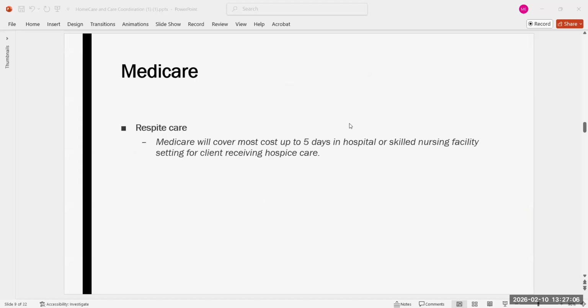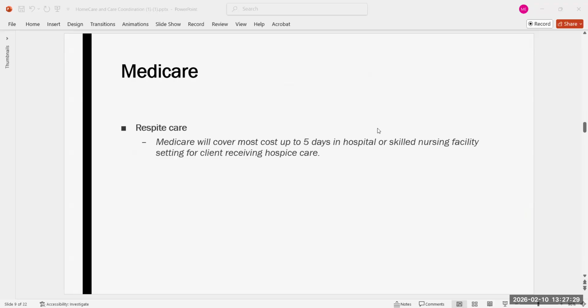The respite care piece, Medicare will cover most costs up to about 5 days within a hospital or skilled nursing facility setting for clients when they're receiving hospice care. A lot of the one-on-one care or respite care within the home may end up turning to private pay.